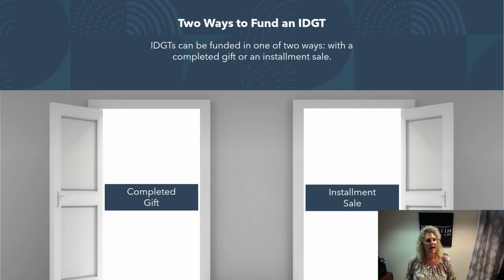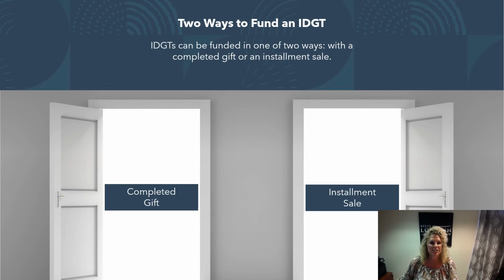Now, funding an IDGT with an installment sale is also an option. In this scenario, the grantor makes a small seed gift to the trust, absent a guarantee of the note. A seed gift is necessary to give the installment sale transaction economic substance. An installment sale involves selling appreciating assets to the trust in exchange for an interest-bearing promissory note payable by the trust.